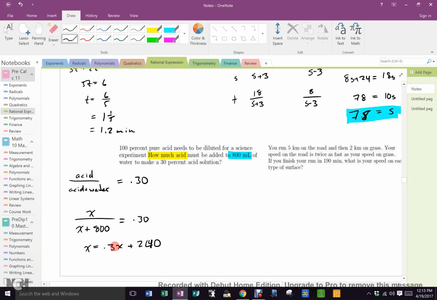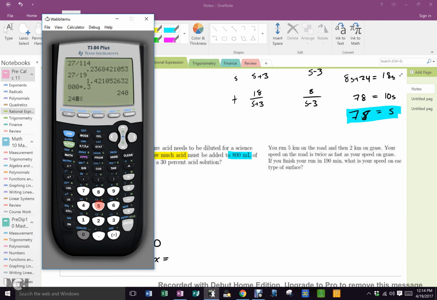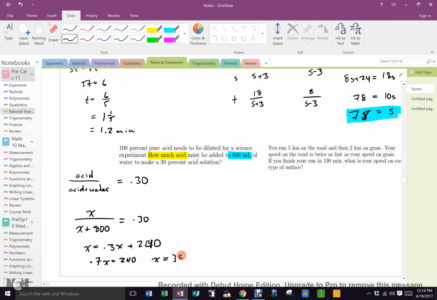And then this has to come over here. So 0.7x has to equal 240. So x has to equal 240 divided by 0.7. 342 milliliters.